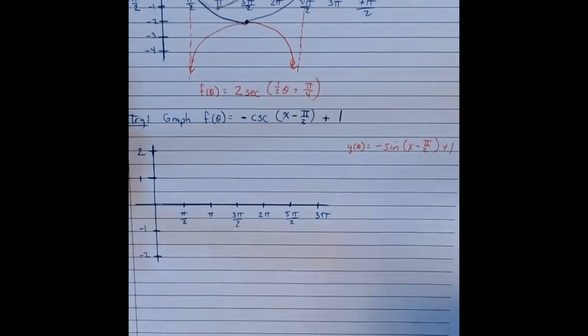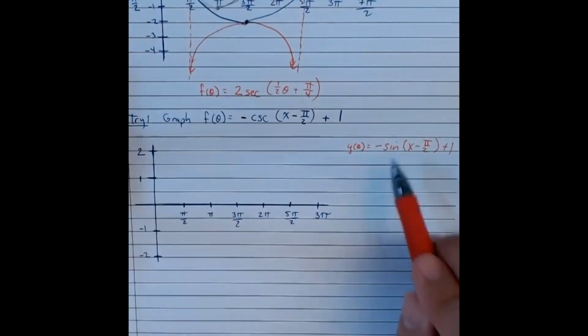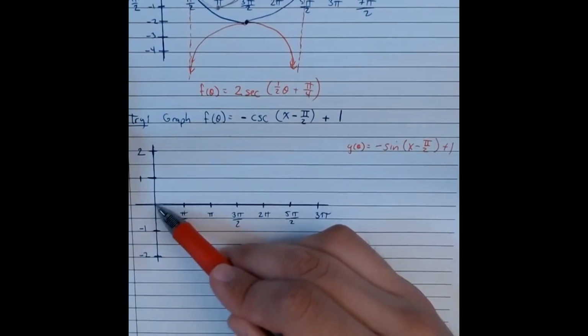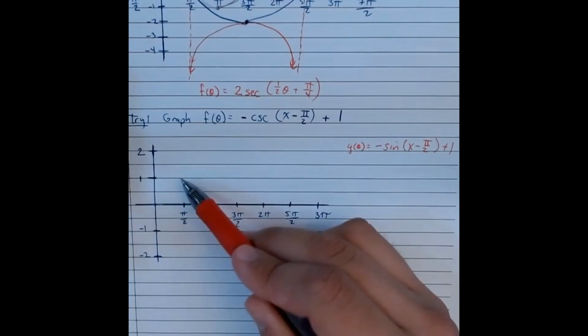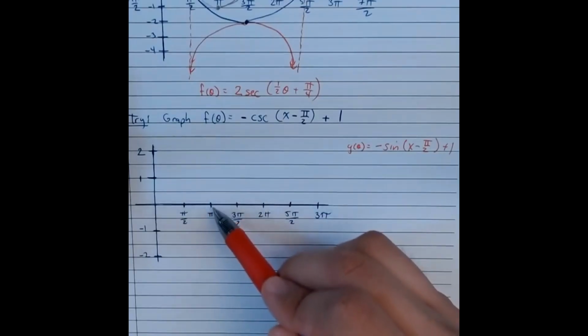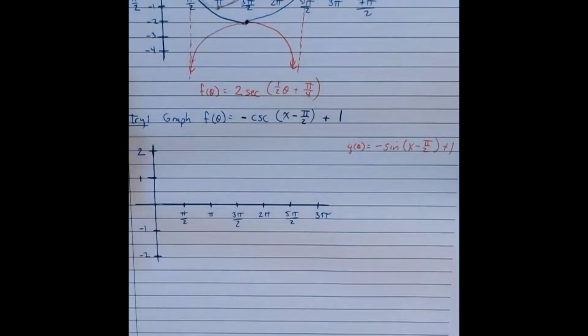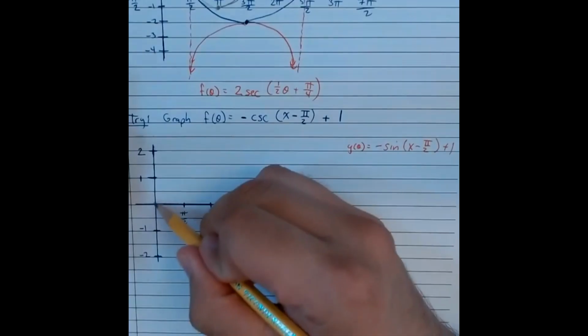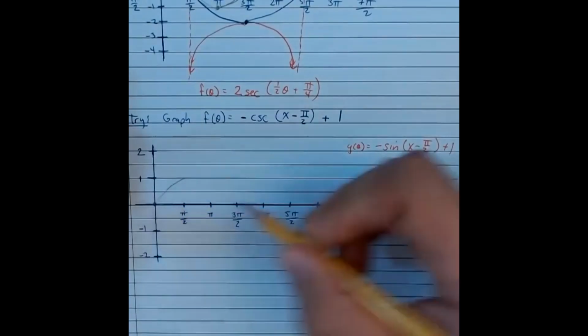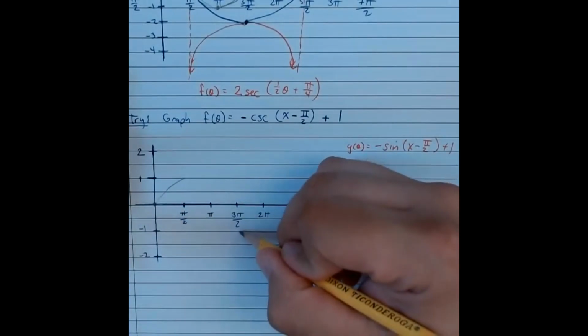All right. I know what a sine function looks like. It starts at the axis, goes up to a maximum, down back to the axis, down to a minimum, and then back up to the axis. And the maximum and the minimum are at 1 and negative 1 respectively.